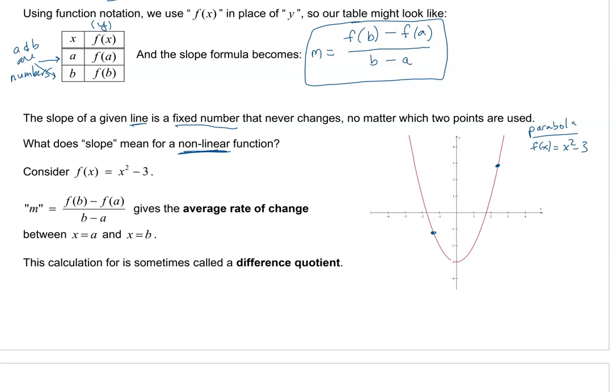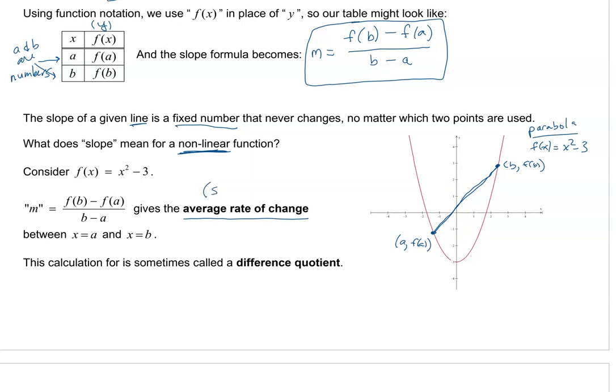Pick any 2 points, I can see that the graph itself is going down at my left-hand point and coming back up at the right-hand point, but I can connect those 2 points with a straight line, and this slope between those 2 points, where we have (a, f of a) for the first point, (b, f of b) for the second point, the slope of that line is the average rate of change between x equals a and x equals b.